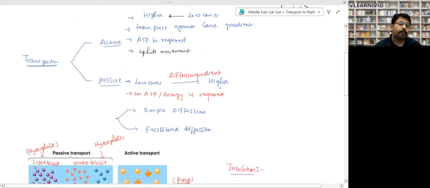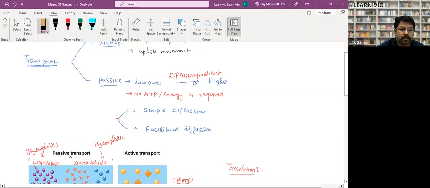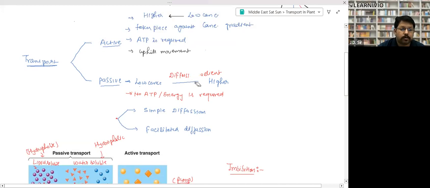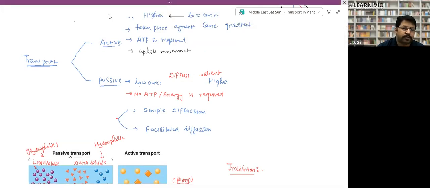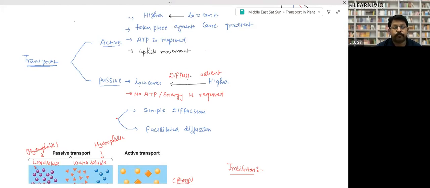The transport of substances takes place from higher concentration to lower concentration, in the direction of the diffusion gradient, and no ATP is required.